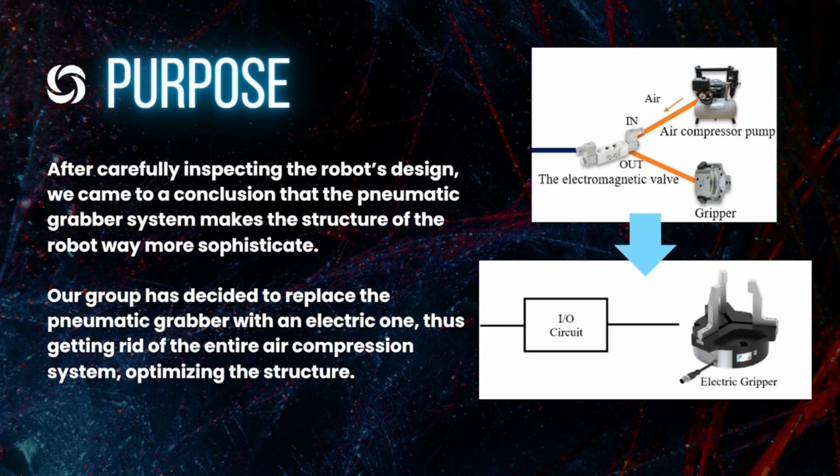Because a pneumatic gripper requires a compressor, right? A compressor is not light. And if we remove it, and the entire pneumatic line, I think it's heavier than just the electric gripper and some controlling circuit. It must be lighter and easier in terms of service, because the entire robot is electric.